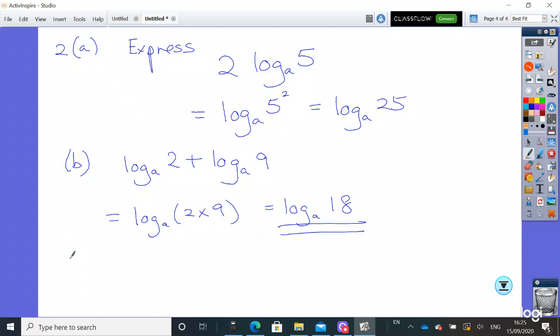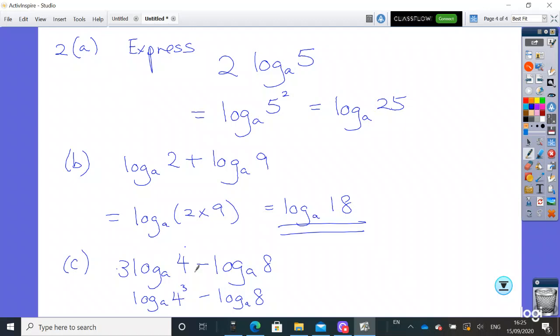And now lastly, part C, 3 log A 4 take away log to the base A 8. So I can raise that to become a power because it's in front of a log and it's a coefficient. If you check your notes and look at the rule again. So 4 to the power 3 minus log to the base A 8.